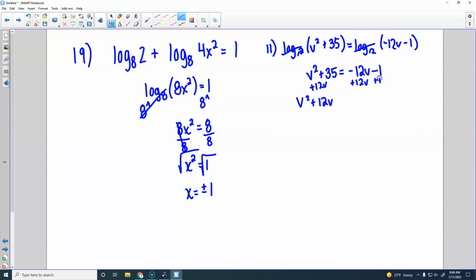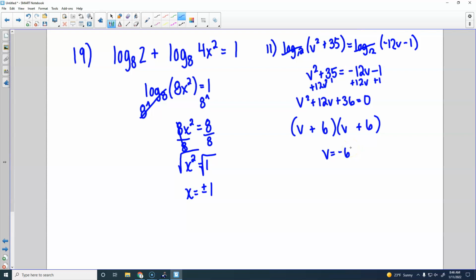You're going to add the 1 here and add the 1 here, so you'll have a plus 36. Yeah, and so if you had a minus there, you're probably getting something that would not factor. But now that we have the plus sign, we'll have a v here, and so we've got a 6 here and 6 here, both of them positive. So you just get v equals negative 6.